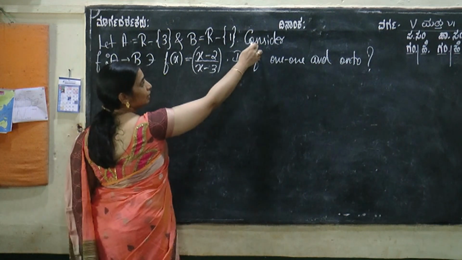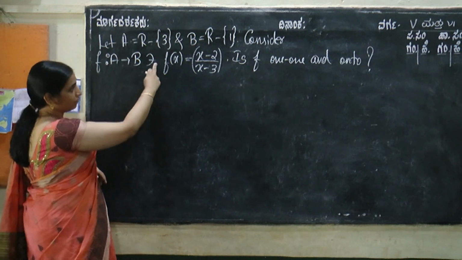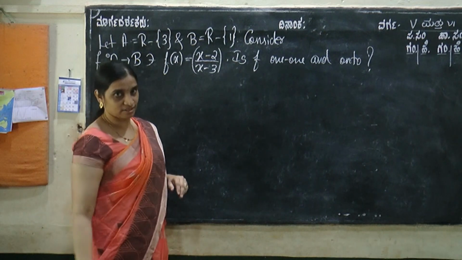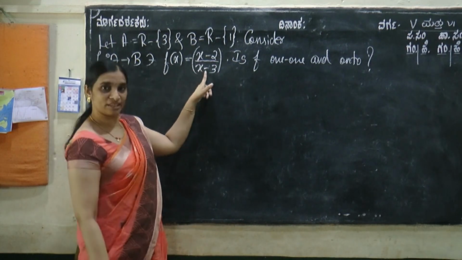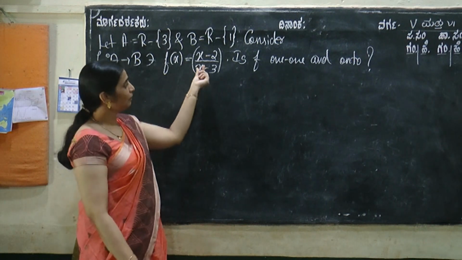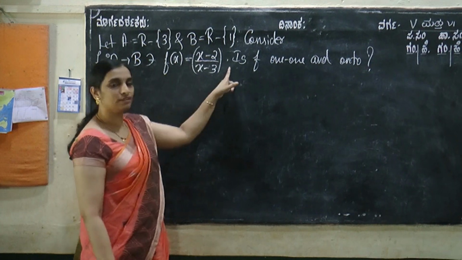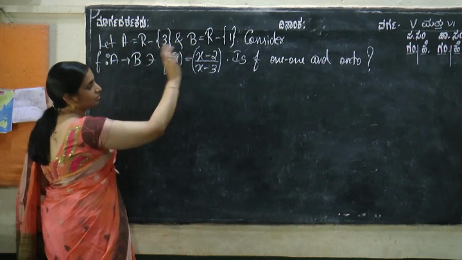And afterwards we are considering a function f from A to B such that f of x is equal to x minus 2 divided by x minus 3. Here, look at the definition of the function. In place of x, if you substitute 3, the function will not be defined. That's why the domain doesn't contain the element 3.